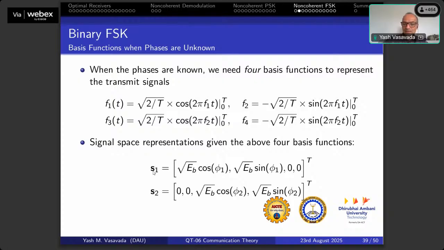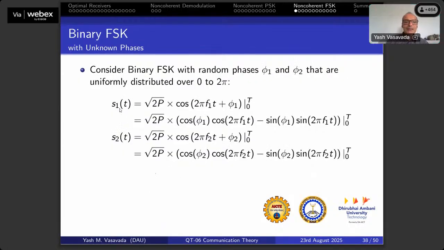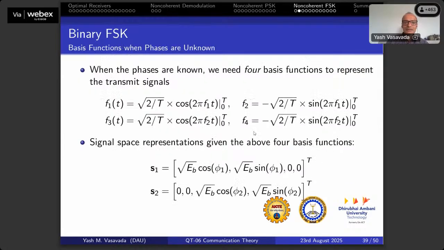And S1 of t can be written using cosine of f1, sine of f1 in this manner. These are showing the multipliers of f1, f2, f3, f4. For S1, f3 and f4 are absent.